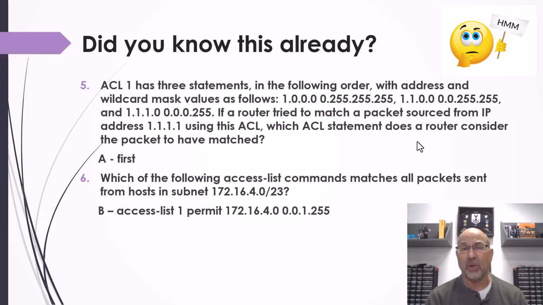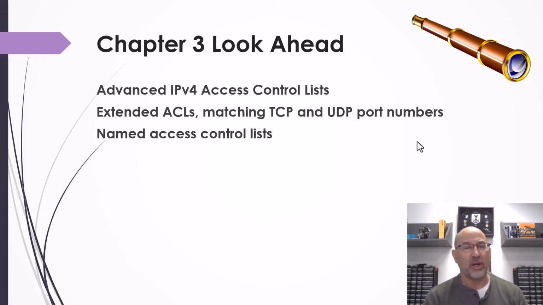And so the corresponding wildcard mask would be B, 0.0.1.255. All right, the chapter 3 look ahead. We are going to do advanced IPv4 access control lists. These are extended ACLs, and so we're going to focus on matching some TCP and UDP port numbers. So we'll look at some packet generation and see what we can do, and then we'll do some named access control lists also in the chapter.